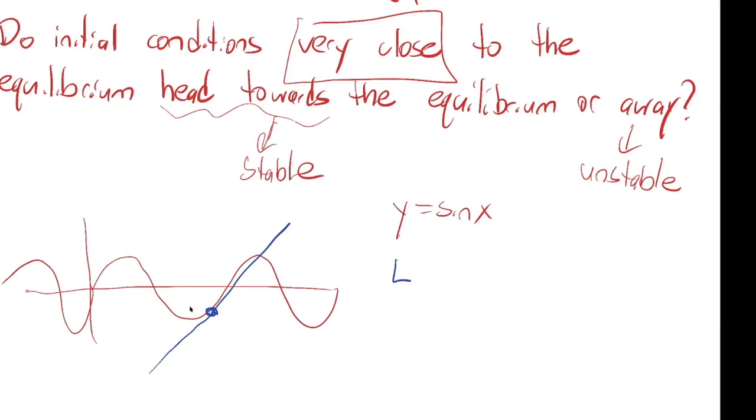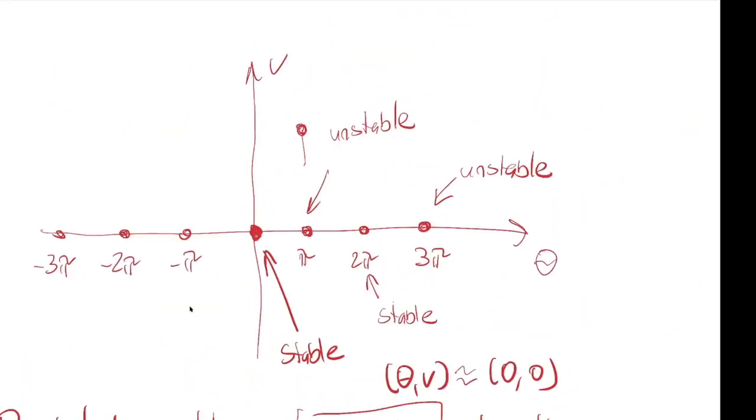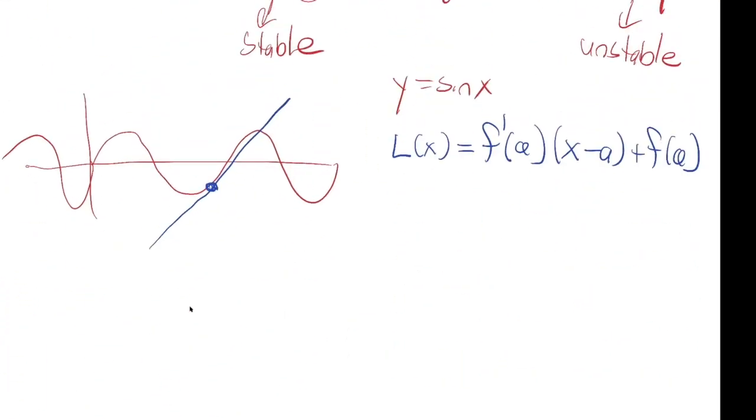I'll call that L. We can find the slope by calculating the derivative of that function at that point. And then we also use the fact that the point that we know that's on the line is where the tangent is, which is at a comma f of a. And this gives me the tangent line approximation.